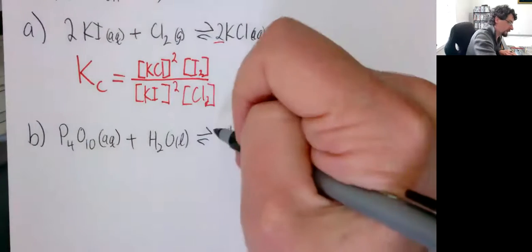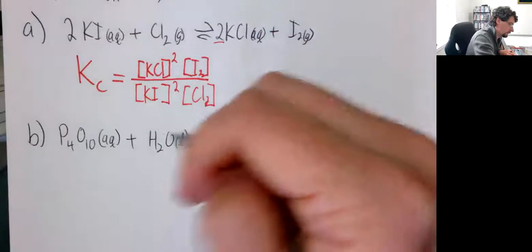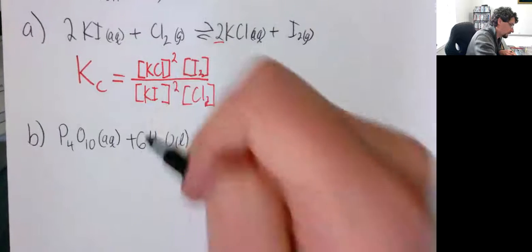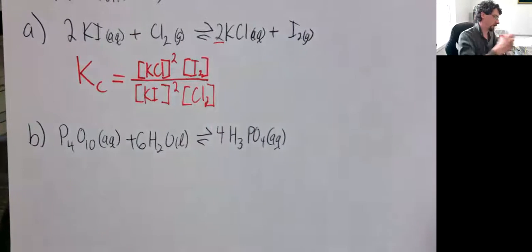We have to balance this out, so let's put a 4 here, 12, 6 there, do all of our oxygens, 4 times 4, 16. Yep, everything should be good. Okay, so now let's write out the equilibrium constant expression here.